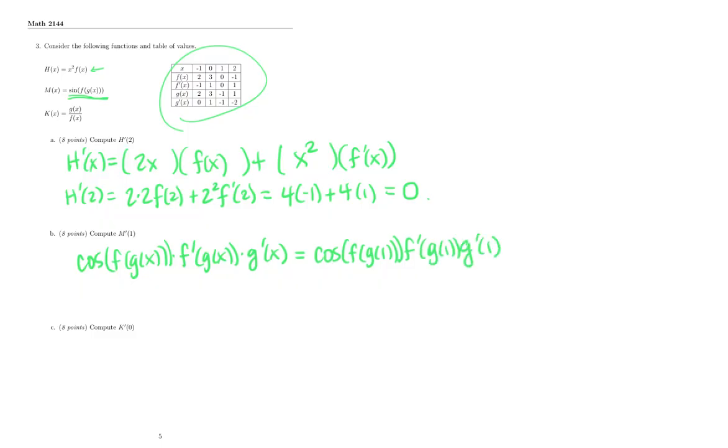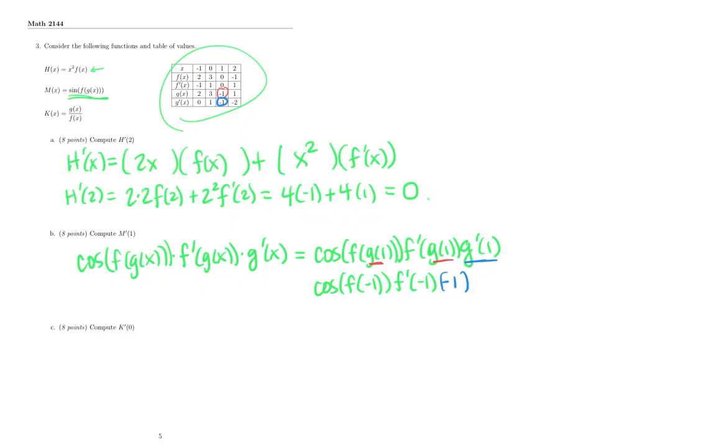So let's start sorting these out. g of 1 is here and here. I can see that g of 1 is -1. So I can plug in -1 in those two places. And then g prime of 1, I can find here in my table. g prime of 1 is -1.